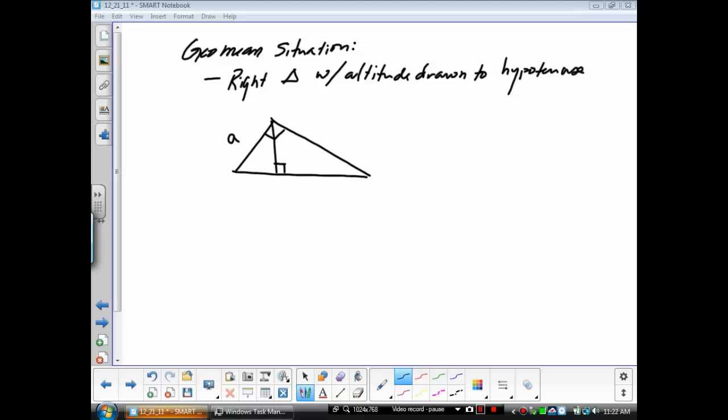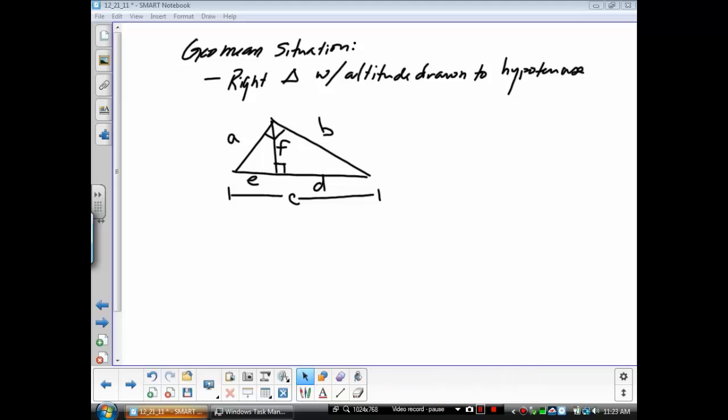We're going to call these sides A and B. The hypotenuse is C, and C is made up of two pieces, D and E, and then we have the altitude, which we'll call F. And what we know in this situation is that there are three pieces that are geometric means.